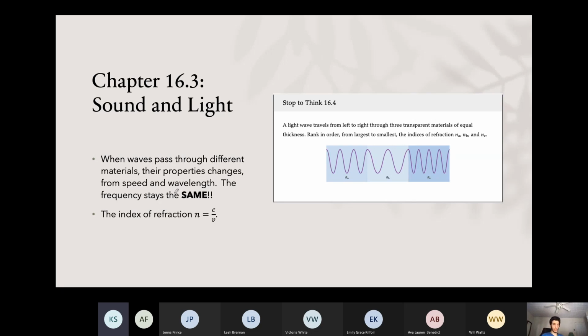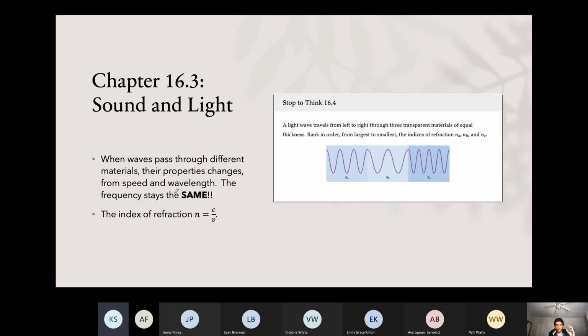Sand is a different medium than pavement, and you can look at it as being harder to walk on compared to the pavement. So your speed as you're walking would decrease. Same thing if you have a wave and it gets from one medium to another, the speed changes.